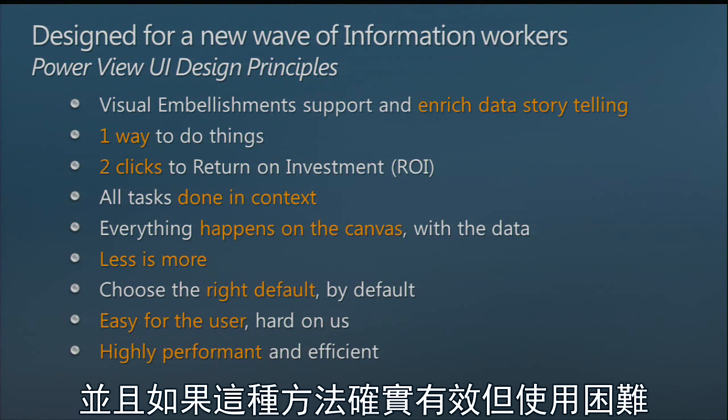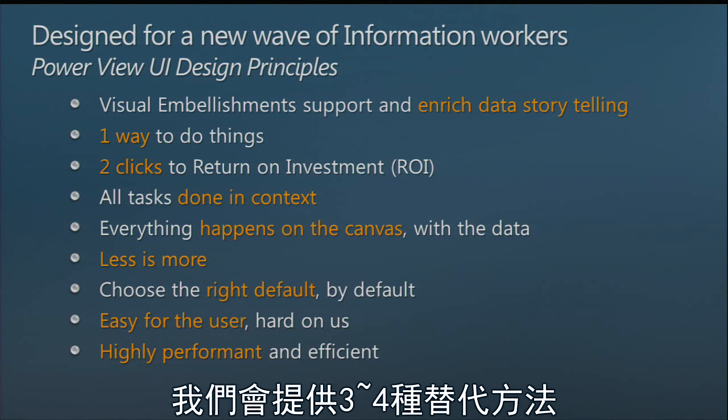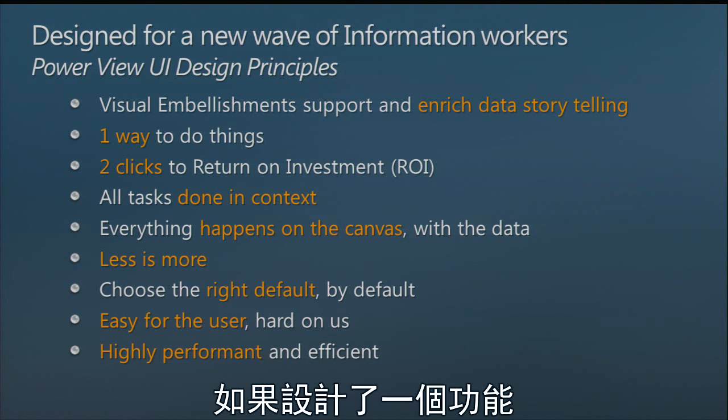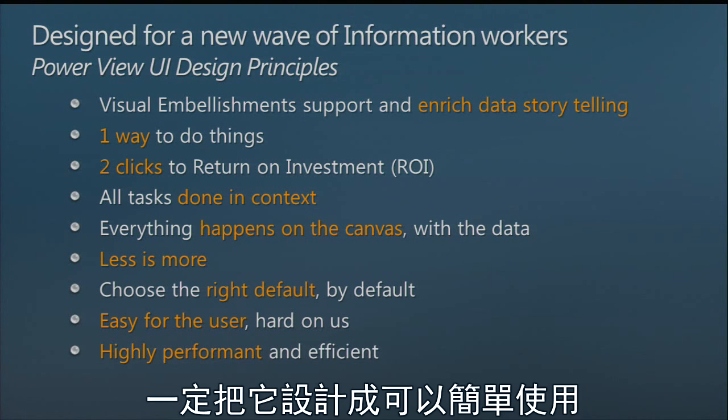If there's a way that you can do something, but it might be kind of hard, there might be 3 or 4 different ways that you could do it. So what we did in PowerView is we said, look, if there's functionality that's going to be available, we want it to be easy, and we want it to be one way to do it.